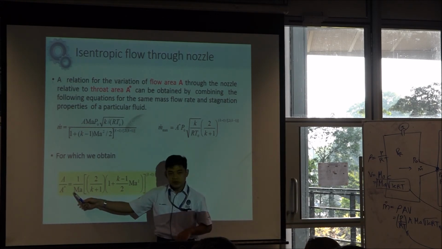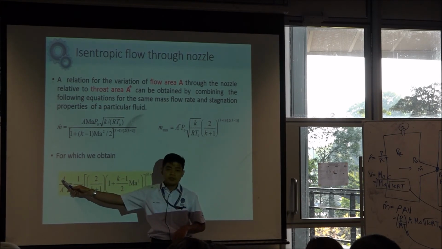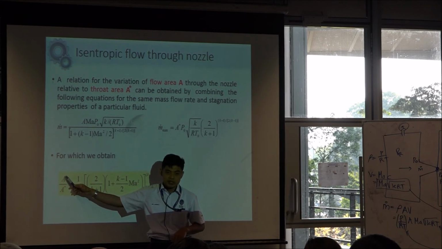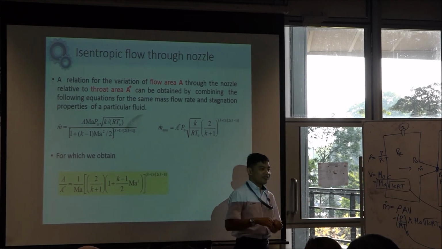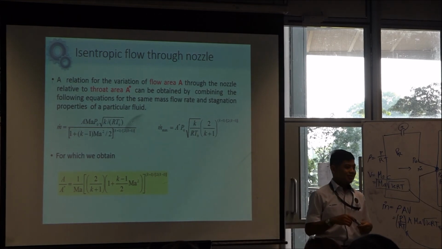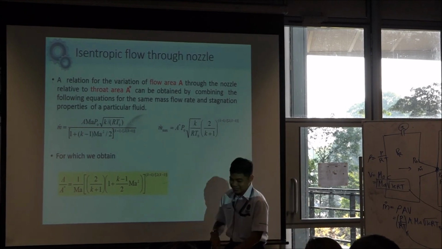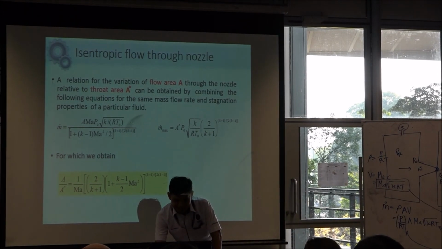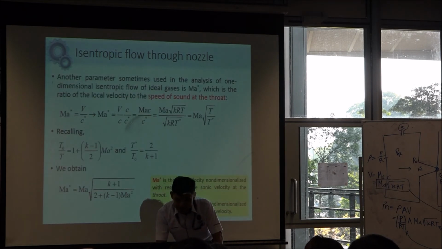You put in 0.8 and 20 cm squared, and then you get your A star. Any questions so far? No. Okay, easy? Now if you think it is easy, we have a problem example later on.